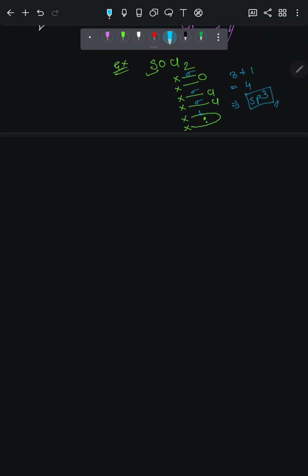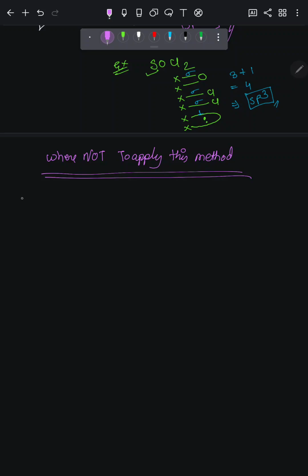There are some exceptions in which we do not apply this method, so where not to apply it. This method is not applicable for some molecules. First, when the central atom is a transition element.